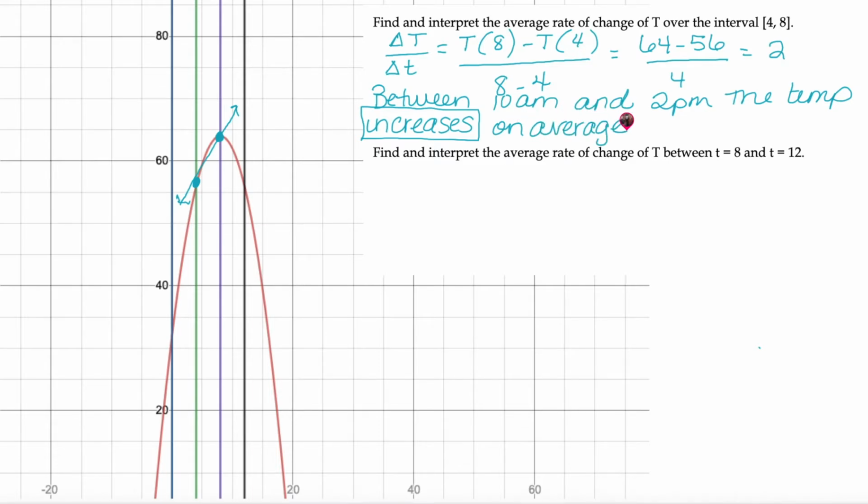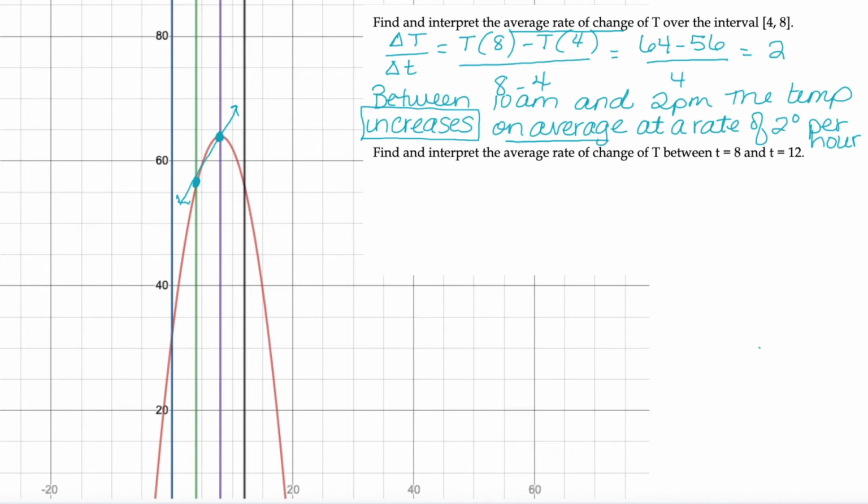Notice I'm using the words on average because I'm finding the average rate of change, at a rate of 2 degrees per hour. And I know it's per hour because we are dividing by those hours.